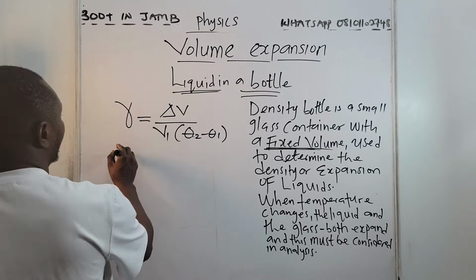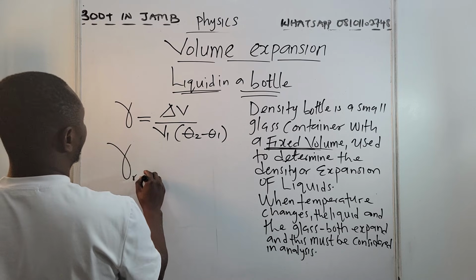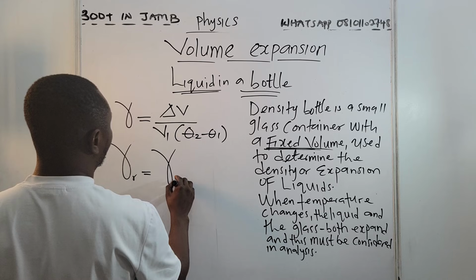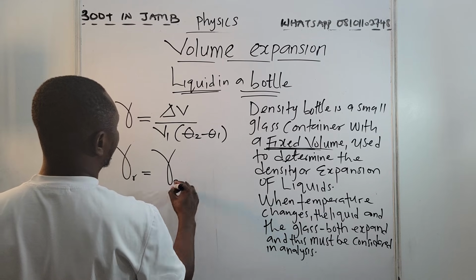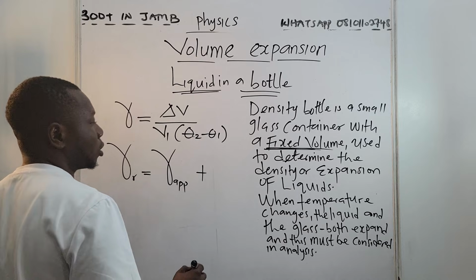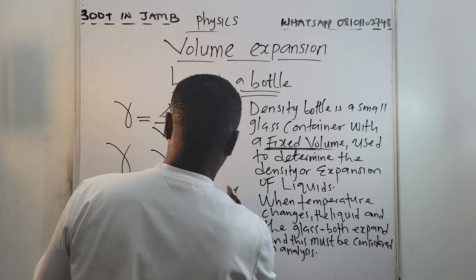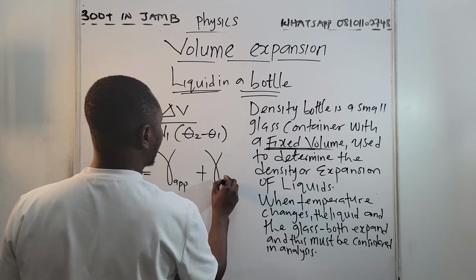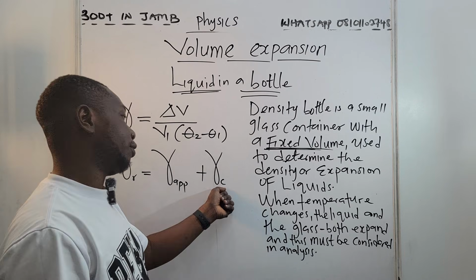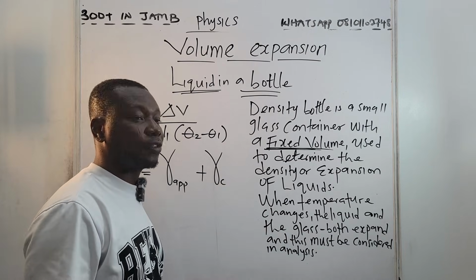Therefore, the real cubic expansivity is equal to the apparent expansivity plus the cubic expansivity of the container, which is fixed.